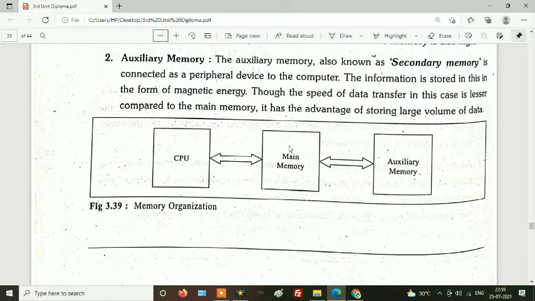The main memory is very near to the CPU, that is why its access speed is very fast for the CPU compared with auxiliary memory. The auxiliary memory is far away from the CPU, connected as a peripheral device, so it is slow compared with main memory.